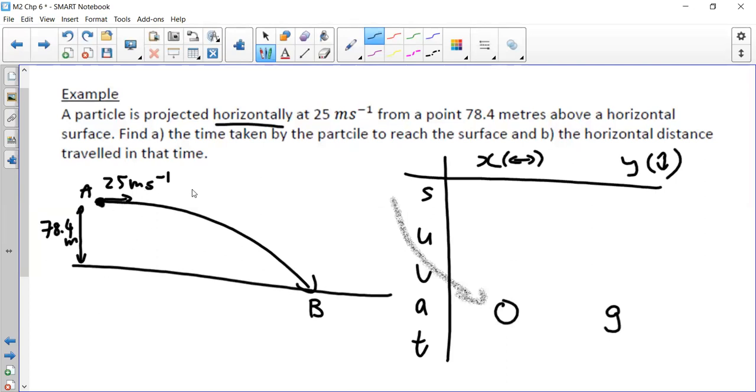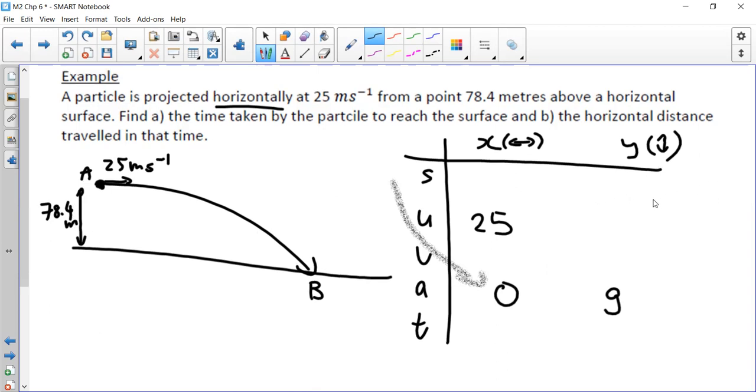This will become u_x, the initial horizontal velocity. English is so difficult sometimes. Next one, 78.4. We have traveled vertically, so that's the vertical, something to do with y, a distance. So it's s in y, 78.4.